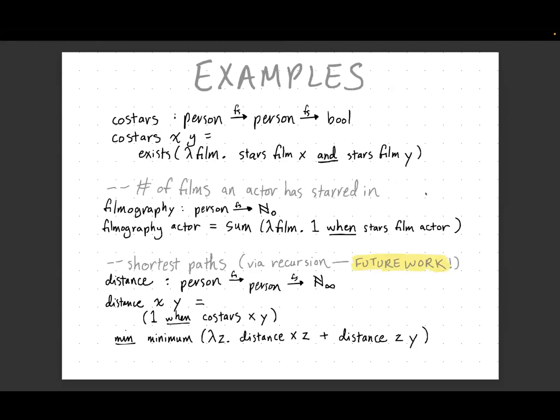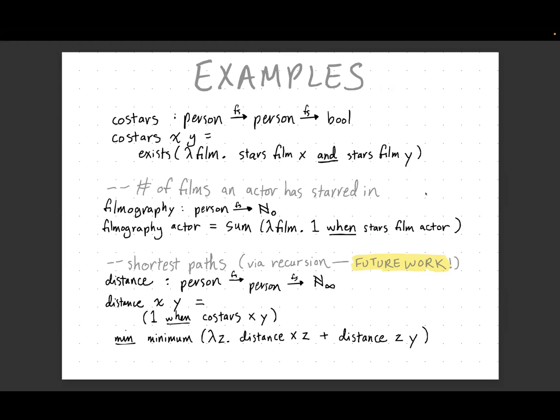Okay, here are some examples of programs written in this language. Here's our costars query. And in this case, you just write the thing, but you annotate that costars is going to be a finitely supported function. And it knows that stars is finitely supported, so it knows that the body of that exists is a finitely supported function, which is why you're able to run exists on it. Because since it is a table, I can enumerate the inputs for which it produces true.